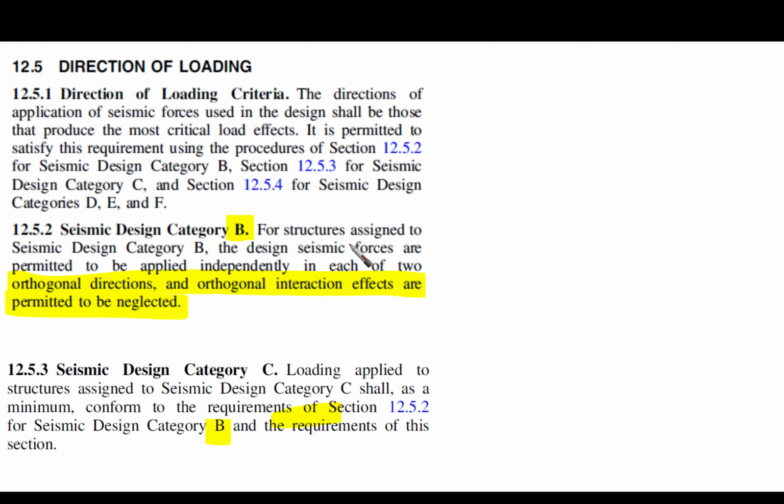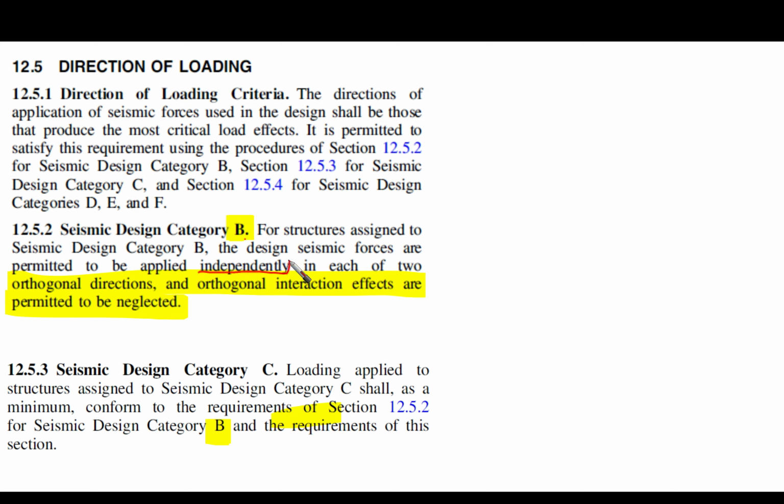Now, this is the last thing that I'm going to talk about, with a couple of slides after it. It is from the code, just to know the direction of loading. From the code, there is a criteria for the application of the direction of loading. For seismic design category B, the design seismic forces are permitted to be applied independently.